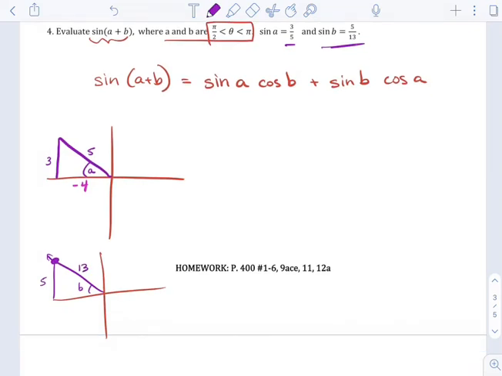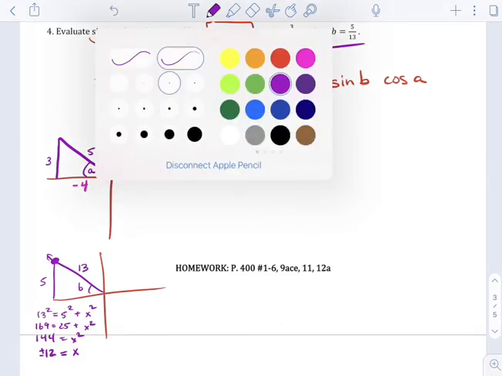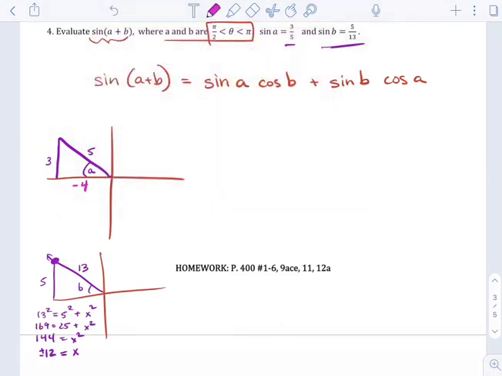And I can find my x value here as well by using the Pythagorean theorem, because I know 13 squared is equal to 5 squared plus, in this case, x squared again. We get 169 equal to 25 plus x squared. We get 144 is equal to x squared. And finally, x is equal to positive or negative 12. But now, since we're to the left, I know that we're talking about negative 12.